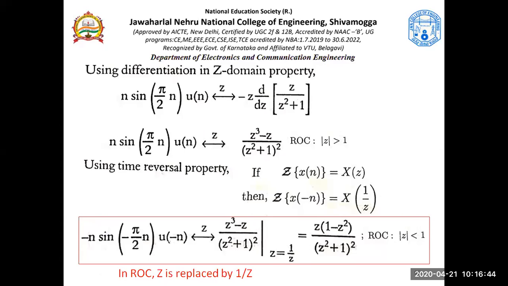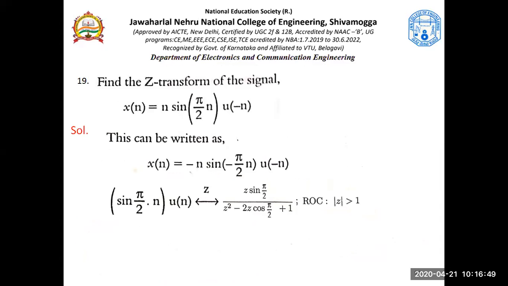Understand this problem? Yes, the challenge is to remember these standard transforms. These standard transforms are given to you in a list, and that needs to be remembered, no other way. If you remember, you can solve this problem, otherwise you cannot. And it's not difficult remembering all that. How many different types of standard signals do we have? We have delta of n, the unit impulse function, and the z transform of that is 1.